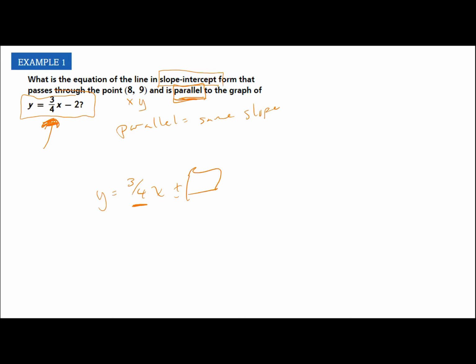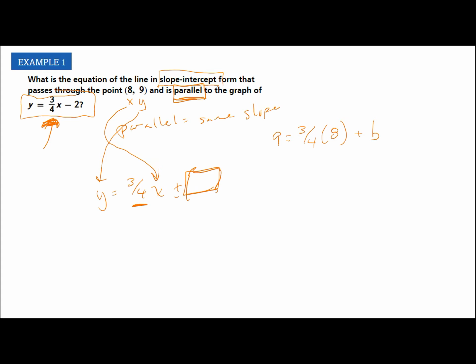So I have my x point, I have my y point sitting here. I'm going to go ahead and just sub in the x point for x and the y point for y and determine what my starting value is. So let's go ahead and write this over here. I'm going to go 9 equals 3/4 times 8 plus b.